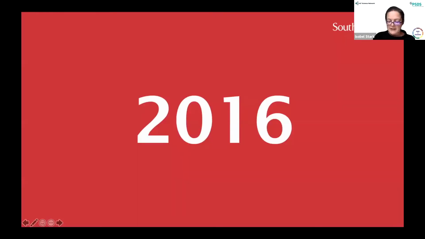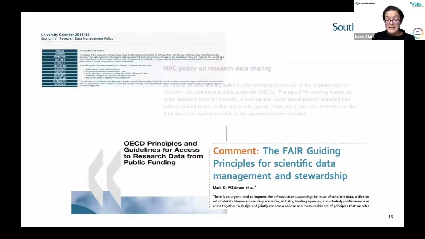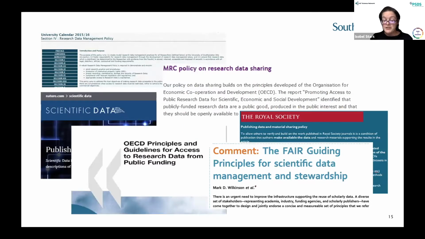In 2016, there was quite a big leap forward for research data. The OECD published their principles and guidelines for access to research data from public funding, basically saying if it's funded by the public, it should be available for the public.